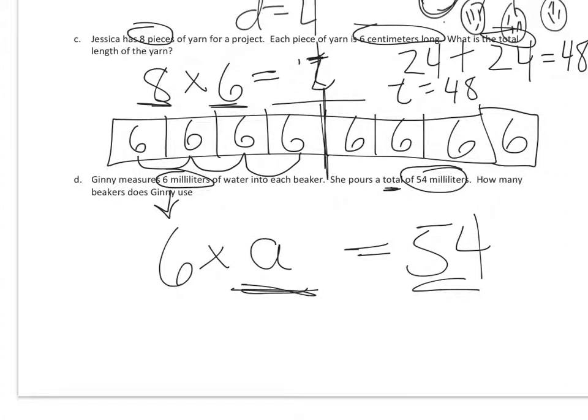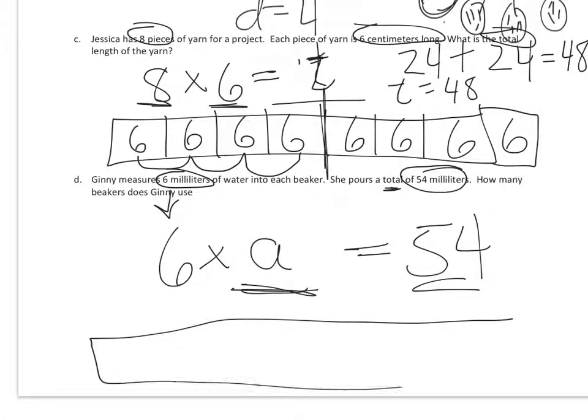Okay. We need a total of 54. I'm going to again do a tape diagram. I know one of my numbers is 6. 1, 2, 3, 4, 5.